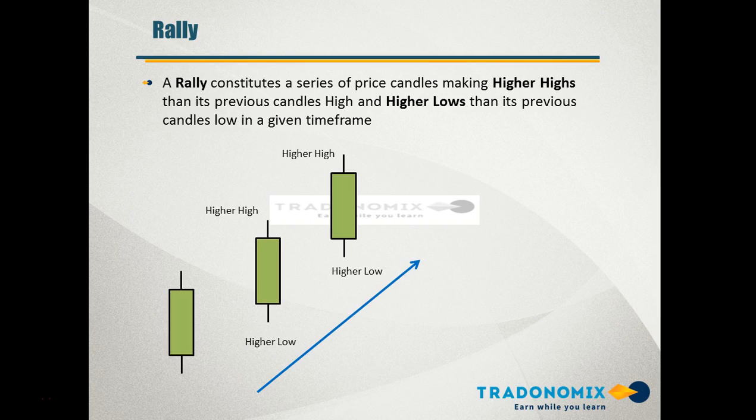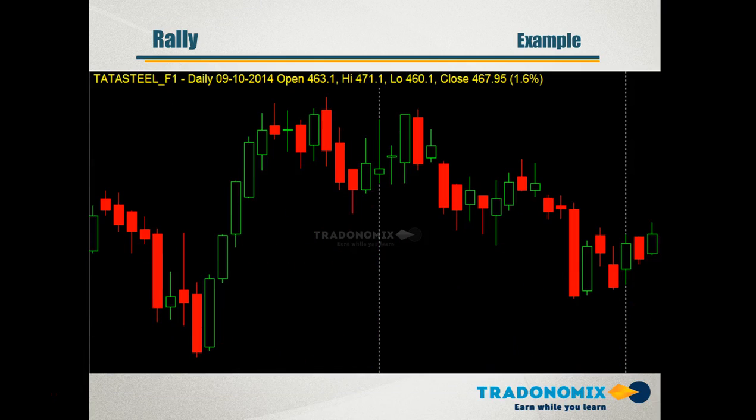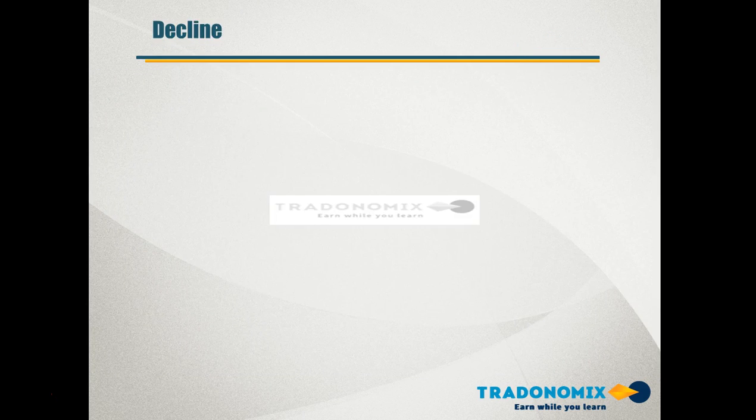Say it's a daily chart, each candle will be a day. So you have higher highs and higher lows, which means every day it's making a higher price, and hence this is called a rally. An example of a rally: you have a series of bullish candles making higher highs and higher lows, and hence it's a rally.